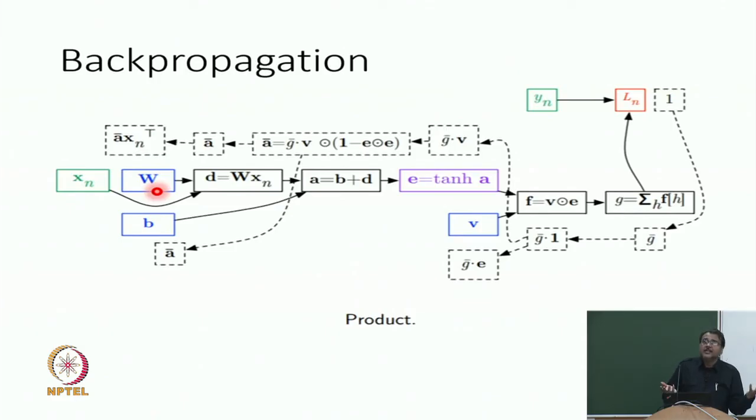So when I say nonlinearity of wx plus b, we convert it into 3 steps. W goes in, x goes in, one multiplication, b goes in, one addition, then one nonlinearity. So 3 steps.